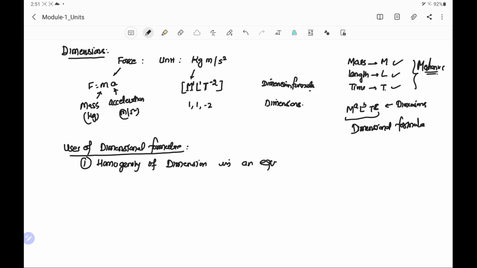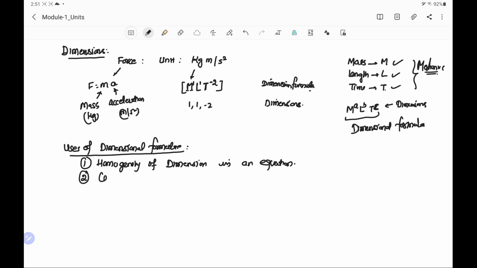That means in an equation, dimensions of a particular base quantity on the left side should equal the dimensions of the same base quantity on the right side. Then that formula will be homogeneously correct. If not, then the formula will be wrong.